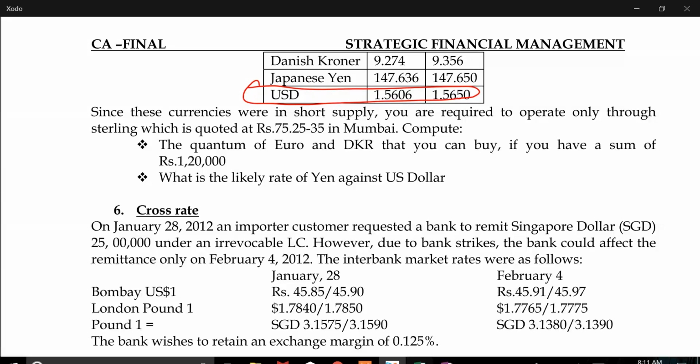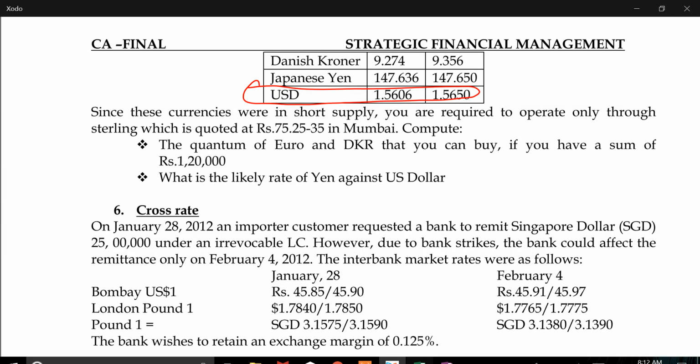Internationally, all exchange rates except pound will be in indirect mode for USA.